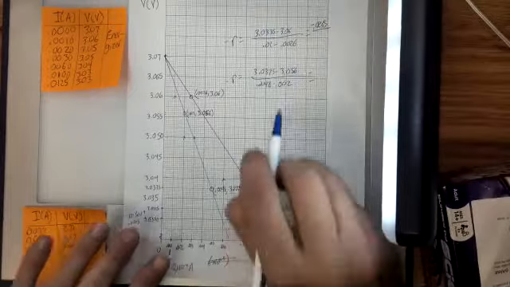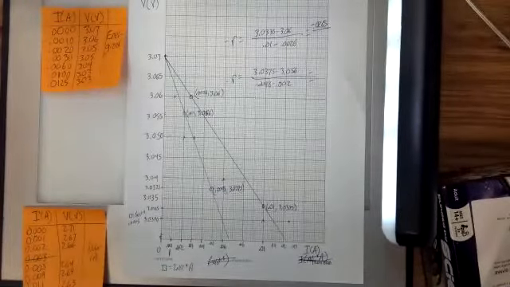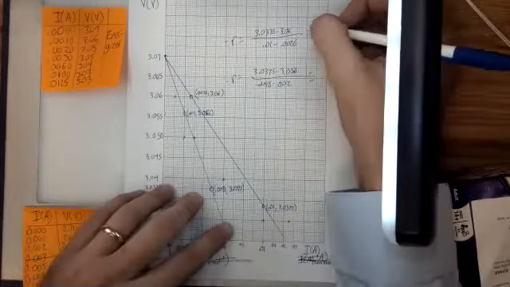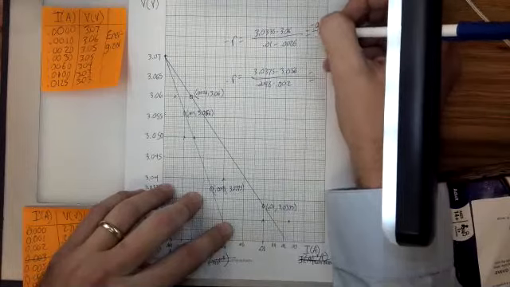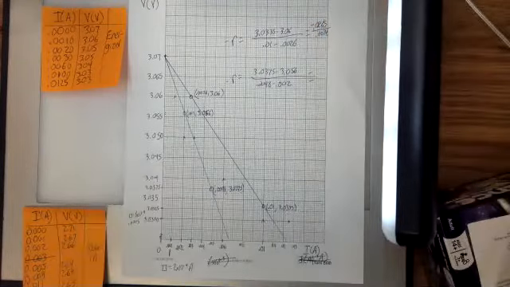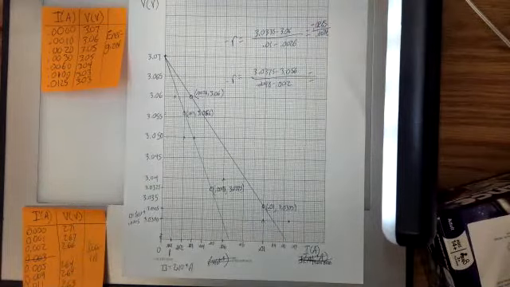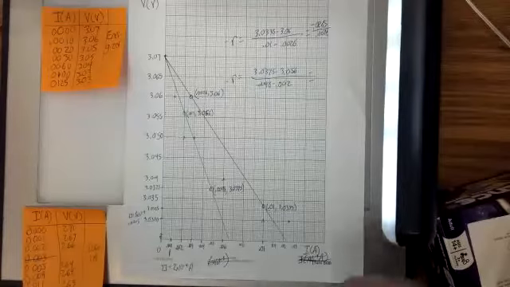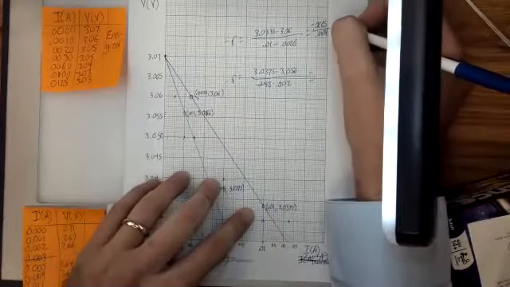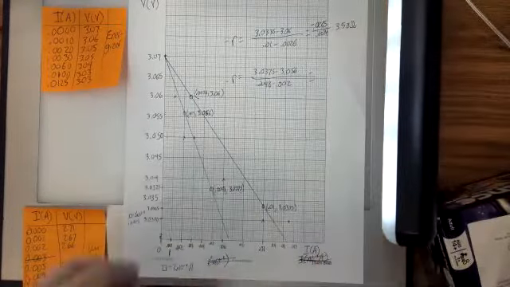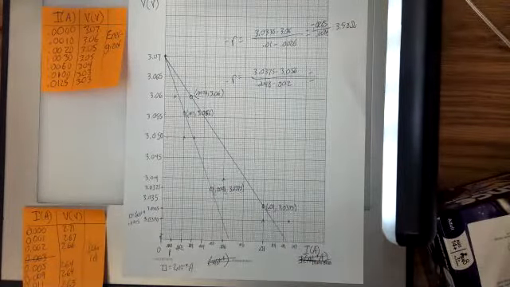Negative 0.0265 is the difference here. .0074. Yeah, 3.58 ohms, that seems like a lot.